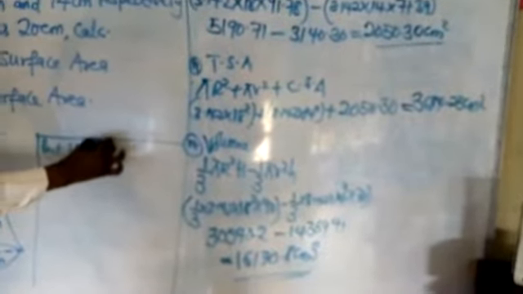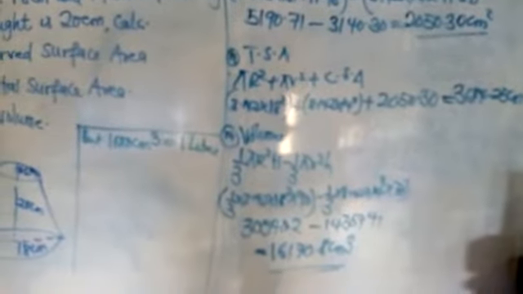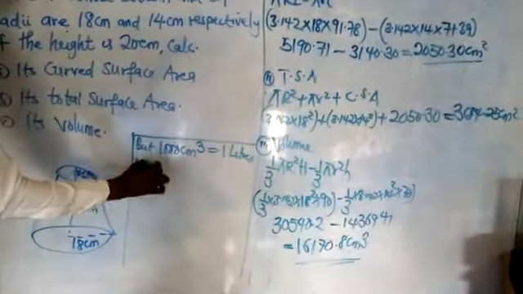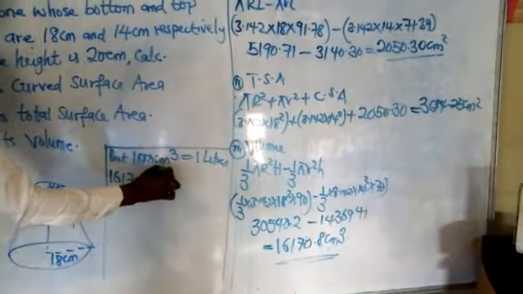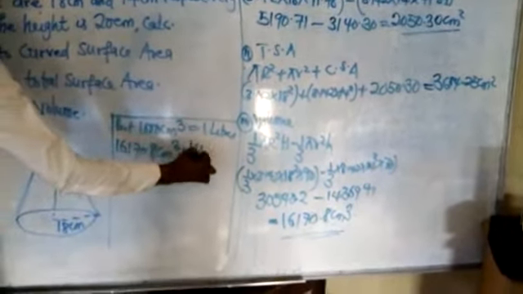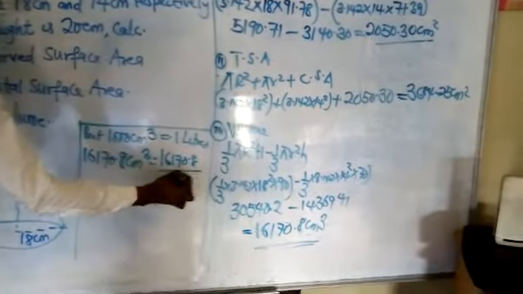So if 1000 cube centimeter equals 1 liter, it means that 16170.8 cube centimeter equals what? It will equal 16170.8 divided by 1000.